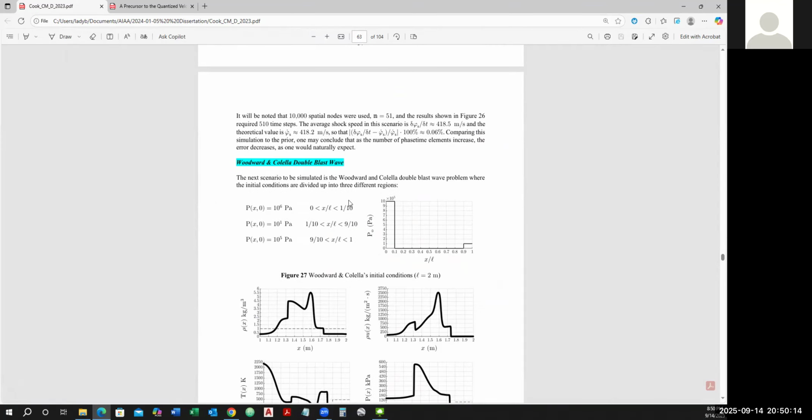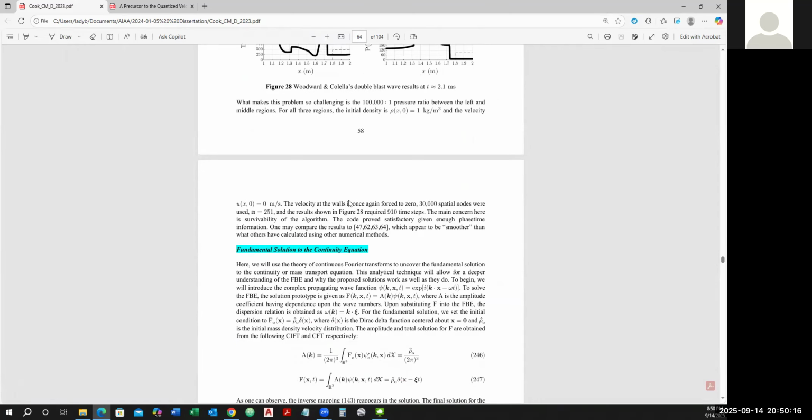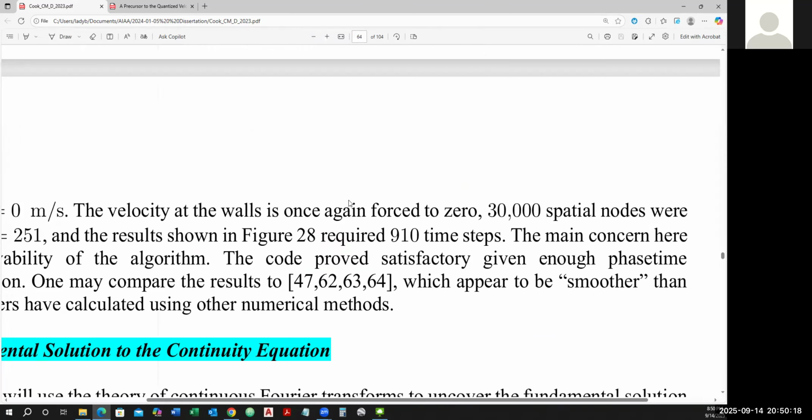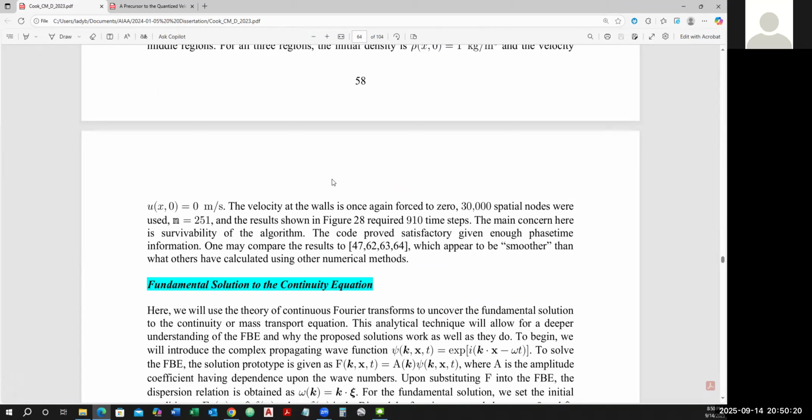For the double blast wave problem, I use 30,000 spatial nodes and 251 velocity nodes. In comparison, in this Shock 2 problem I'm using 5,000 spatial nodes and 21 velocity nodes. So this one took a lot longer to run.